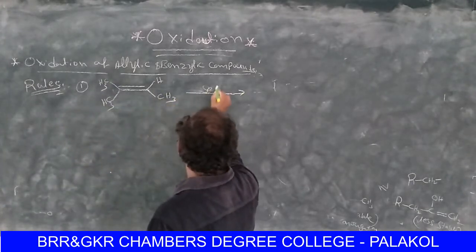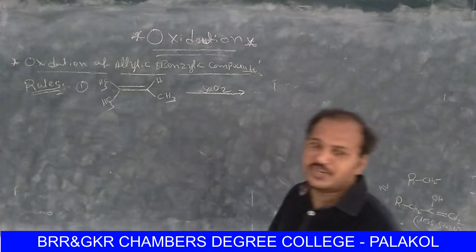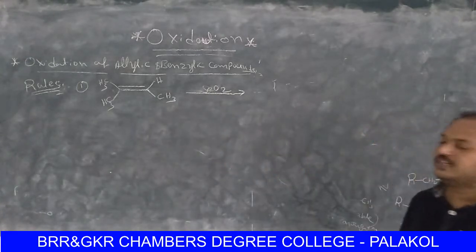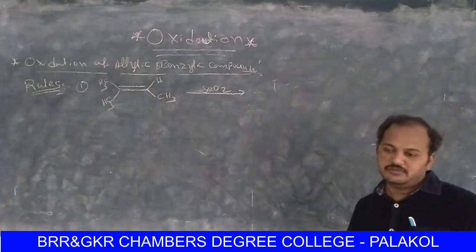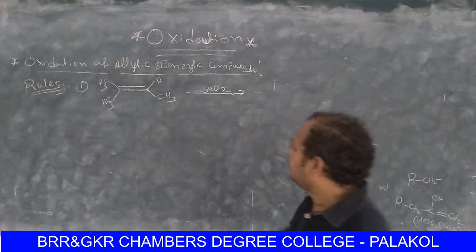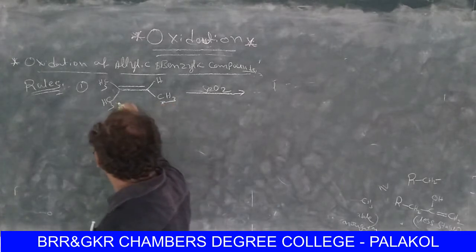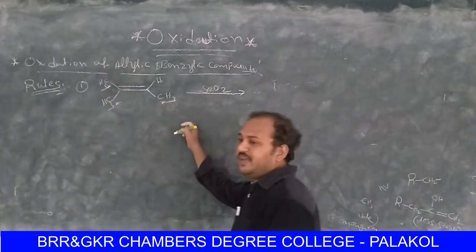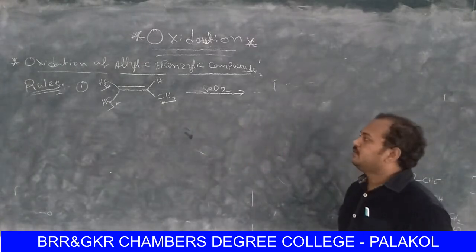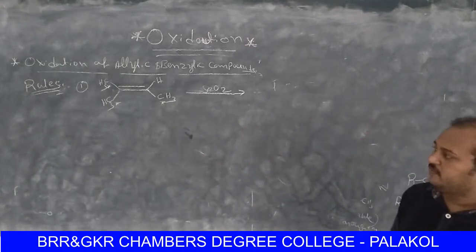If you use SeO2 to oxidize this compound, this compound has 3 allylic carbons. One is a methyl group here, another is a methyl group here, right? Then we will get some confusion in doing the oxidation.